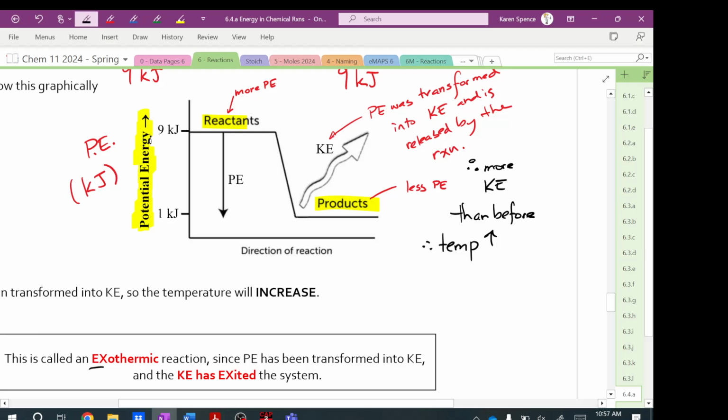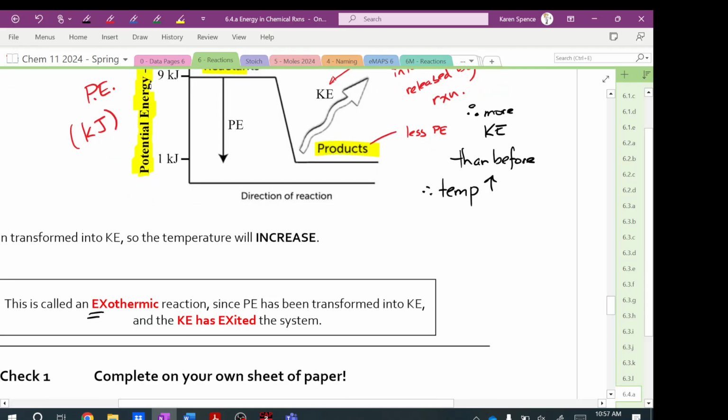So this is an exothermic reaction. Kinetic energy, in other words, heat, has exited the system. All right. And if kinetic energy or heat has exited the system, it's going to feel hot.